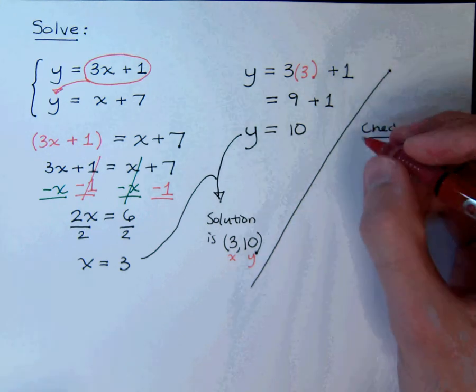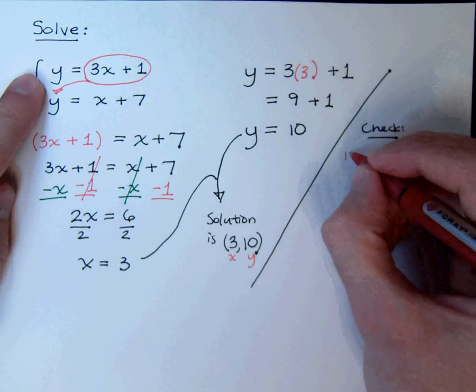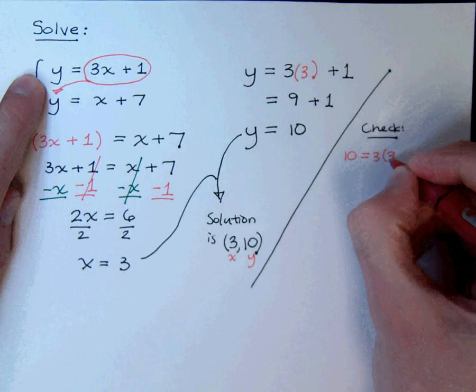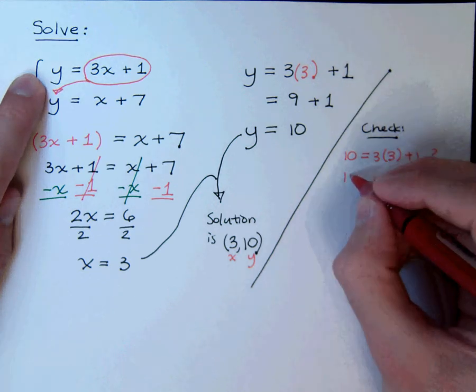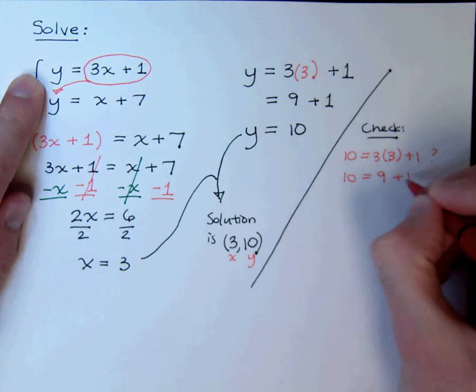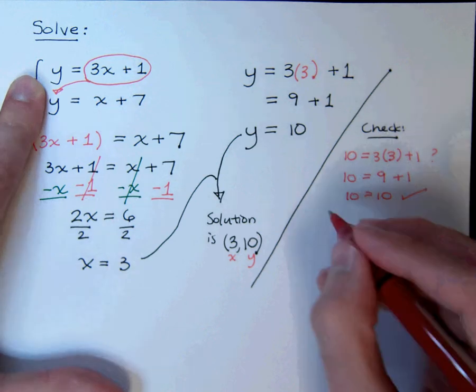So for the first equation, instead of the y, I'm going to replace that with 10. So does 10 equal 3 times 3 plus 1? Is that true? We see that 10 does equal 9 plus 1, so we do have a true statement. So it checks out in the first equation.